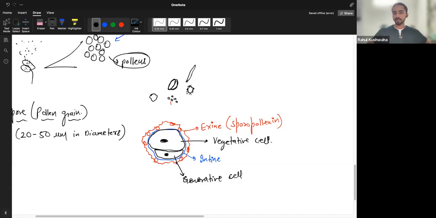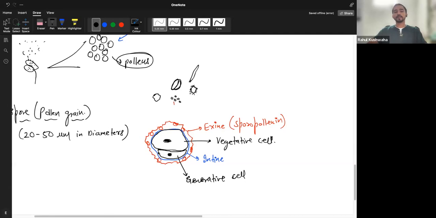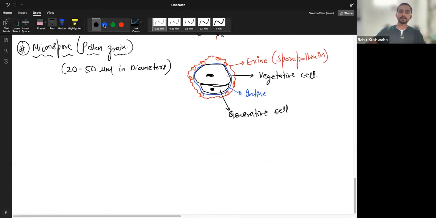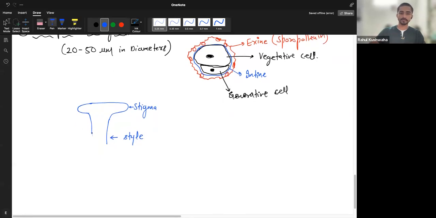Okay, so this is a pollen with the generative cell, vegetative cell, exine, and intine. Now something happens to this. Let me draw. This is the stigma, and this is the style going in, and then it forms a bulging structure called the ovary.